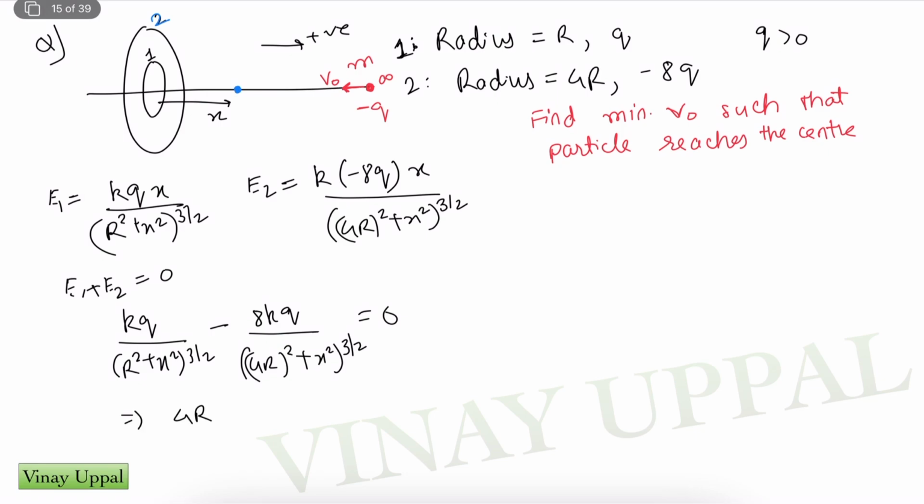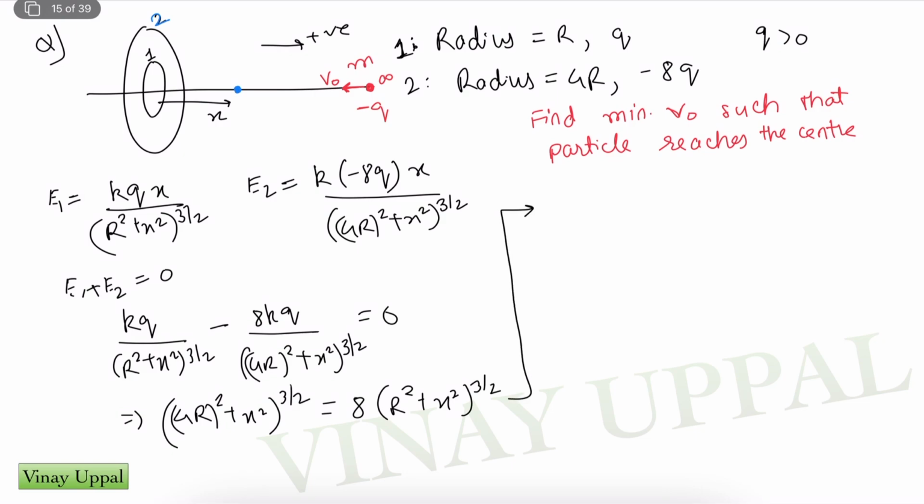Alright, so I'll have (4r the whole square plus x square) raised to 3 by 2 should be equal to 8 times (r square plus x square) raised to 3 by 2. So obviously 8, I can write 8 as 4 raised to 3 by 2. So let me just take this 8 inside.